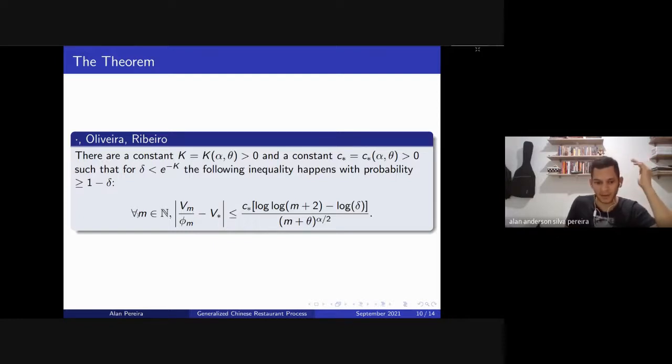We have a simultaneous concentration, let's say. And the approximation has order given by theta, the first parameter, and alpha, the other parameter of the model.